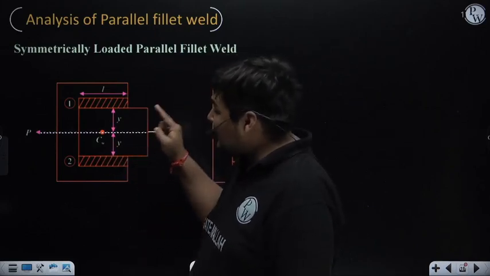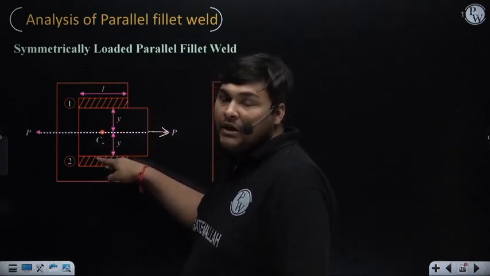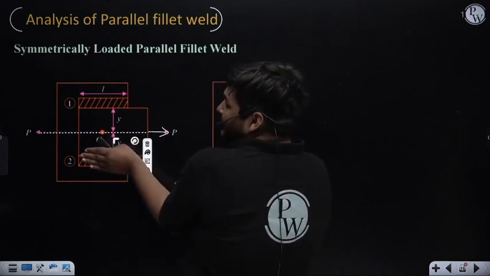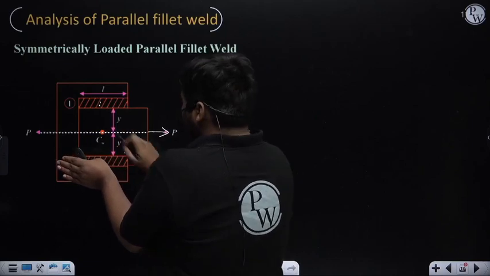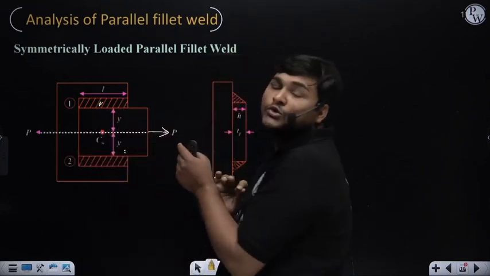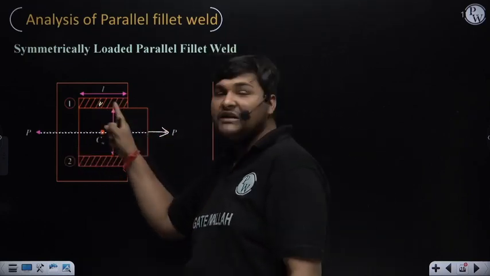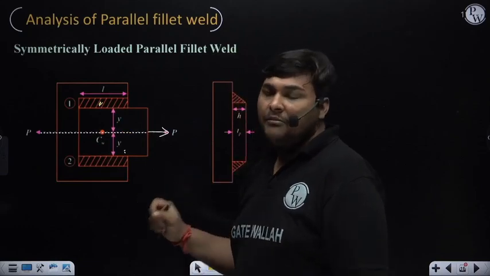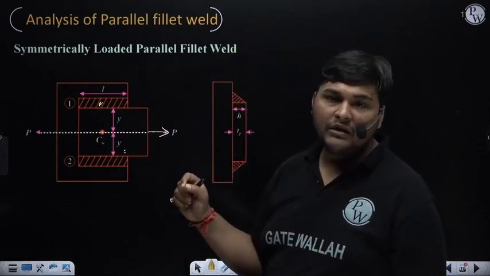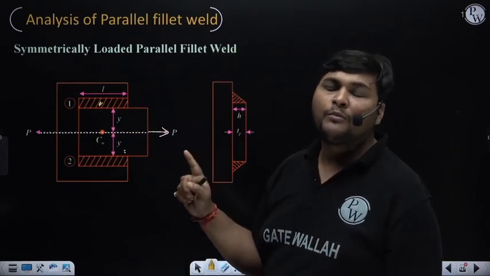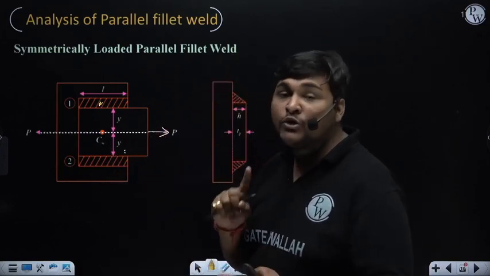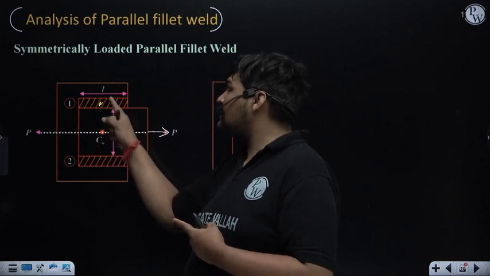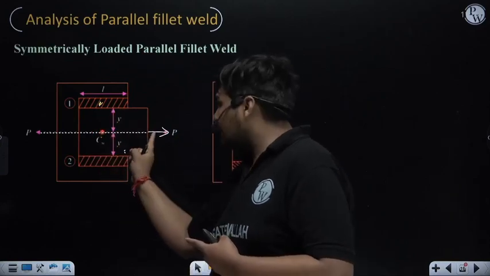First we will place weld on both sides, because if we place only one weld here, then the combined centroid will come at this location, meaning the line of action of force P will not pass through the combined centroid. If only the top weld is attached and the bottom weld is not attached, then secondary stress will also come in the weld. So to ensure the line of action of this force P is passing through the combined centroid, first we need to take two parallel fillet welds, one above this line and second below this line.